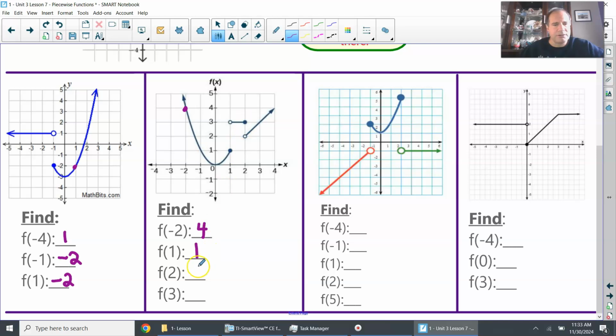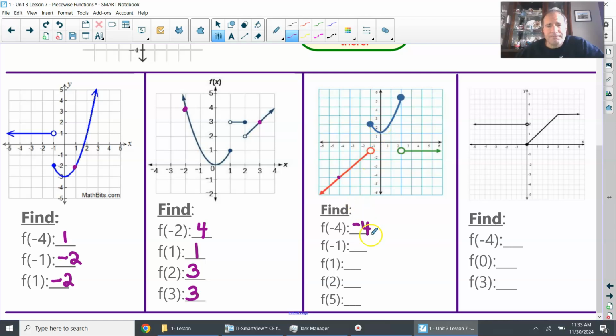This is a closed circle. It's 3. When x is 3, what's the y? 3. When x is negative 4, what's the y? I think this is negative 1, negative 2, negative 3, negative 4. Negative 4. I don't like the way the graph is numbered, but when x is negative 1, what's the y? Open circle? No. Closed circle?